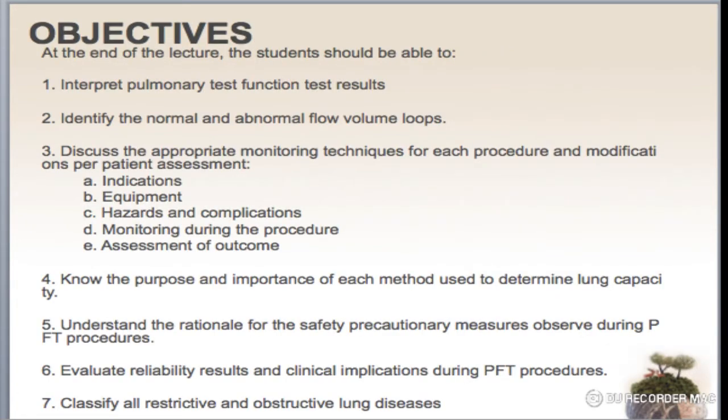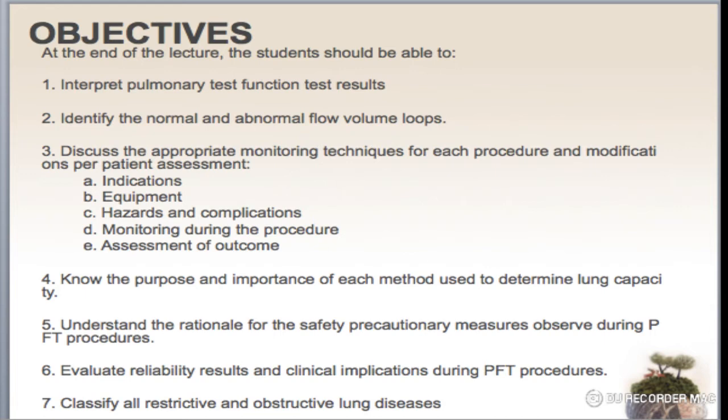In this subject, we're going to learn to interpret pulmonary test results, identify the normal and abnormal flow volume loops, or the graphical presentation of volume loops of the spirometer, and discuss the appropriate monitoring techniques for each procedure and modifications per patient's assessment, like indication of spirometry, the equipment used, hazards and complications of spirometry, monitoring during the procedure, and assessment of outcome.